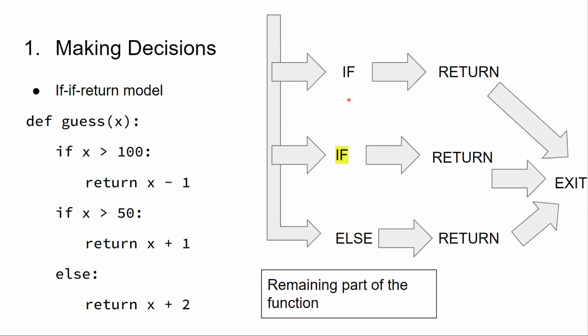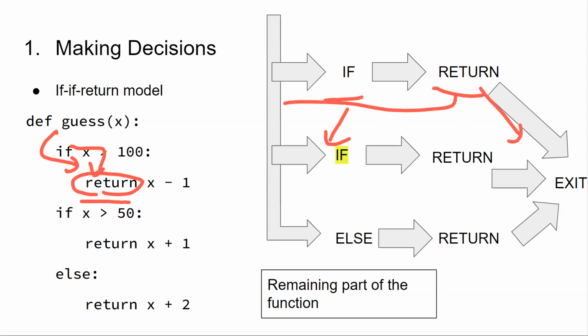Okay. So the next one is if return. If return is like, I have an if, and then I still hit the return statement. So I hit the if, and I just return an x no matter what. You see there's an if, but I still don't have to look further, because the return statement ends the function.